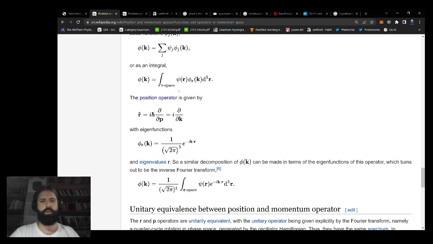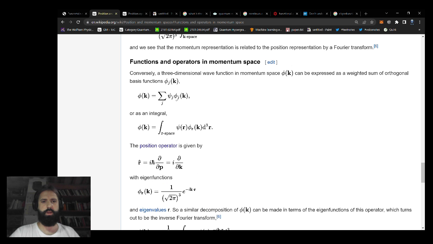But essentially, I think in a way what this is doing is actually decomposing the operator.